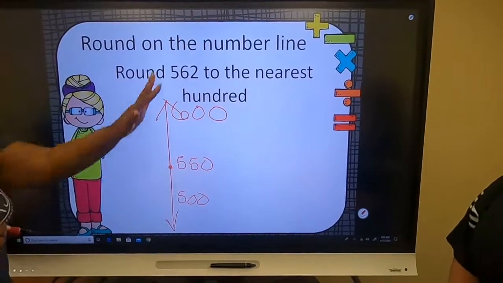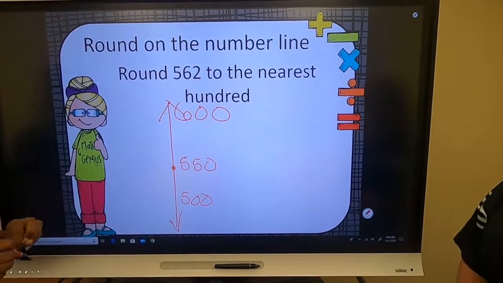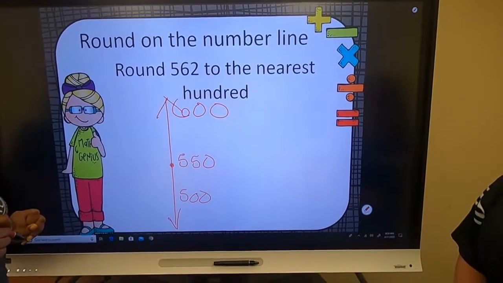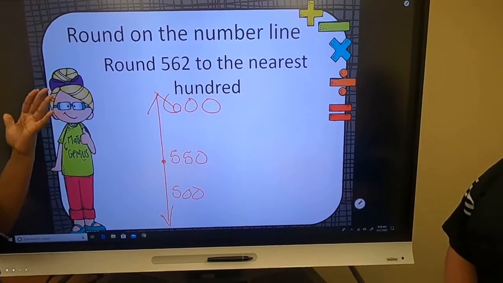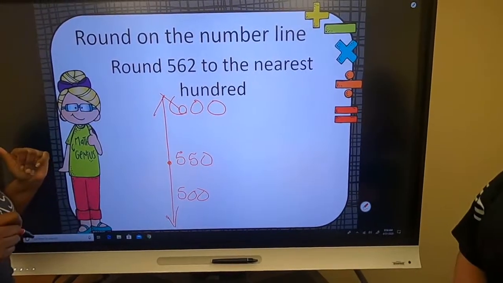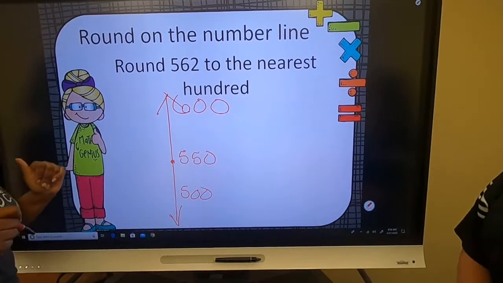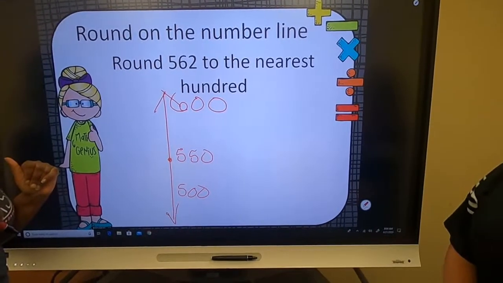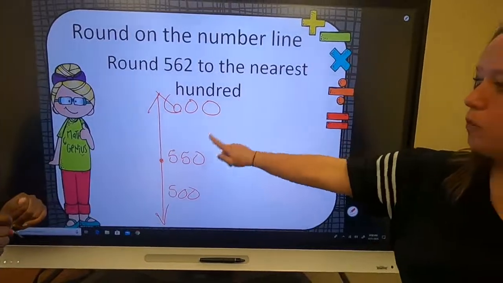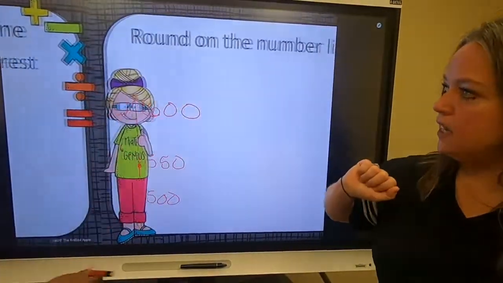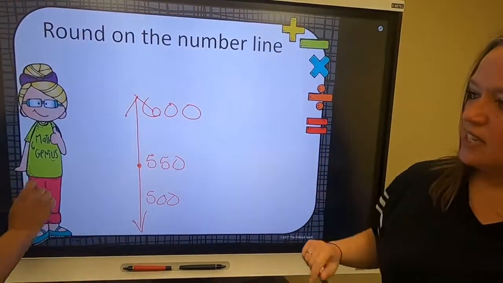So now I need to place 562 on the number line. If I'm counting, 562 falls between, what do you think, Miss Wilson? I believe that the 562 is going to fall between the 550 and the 600.